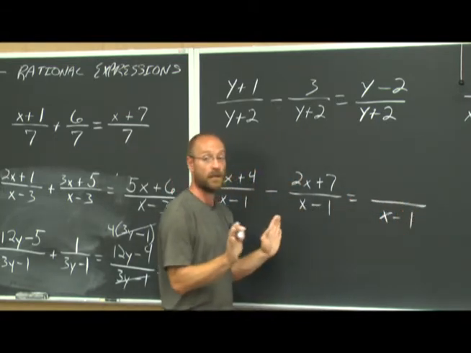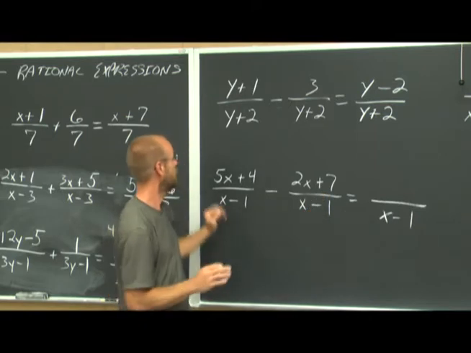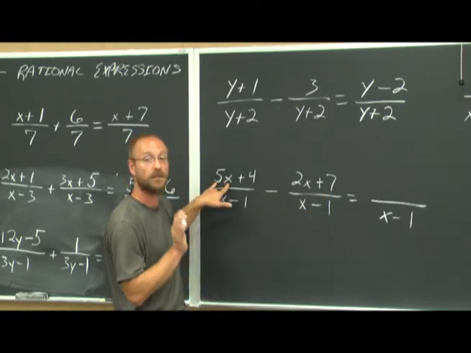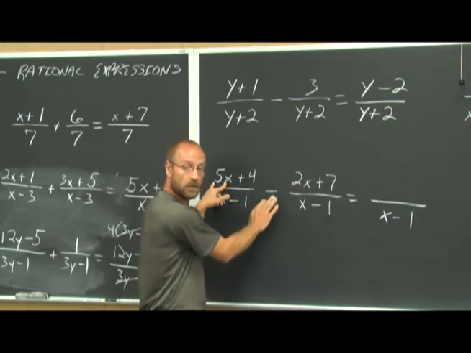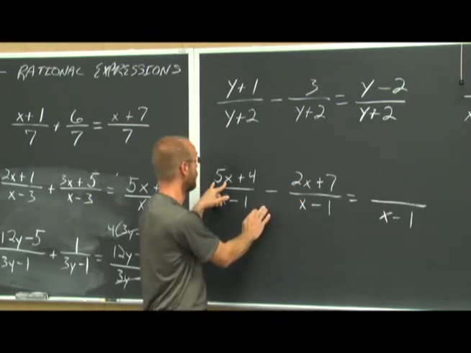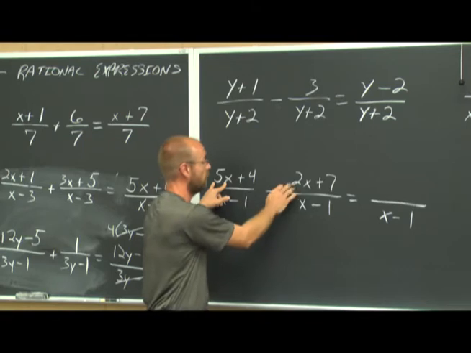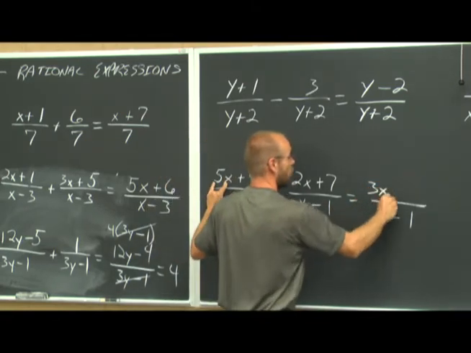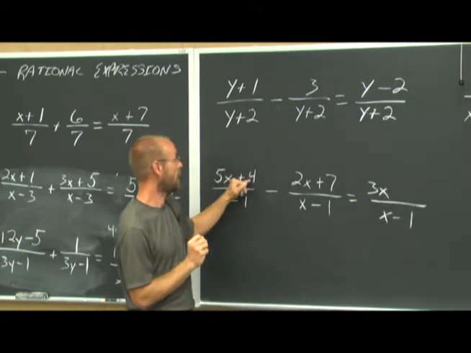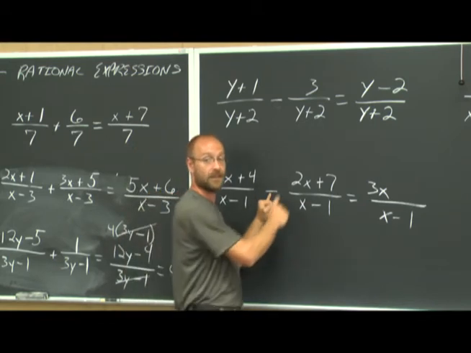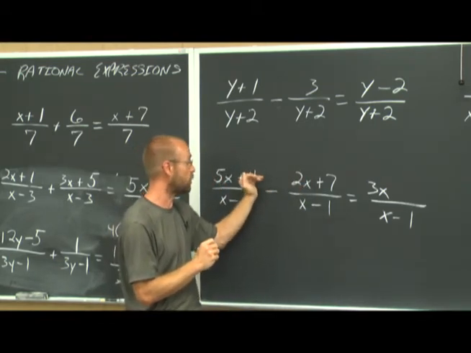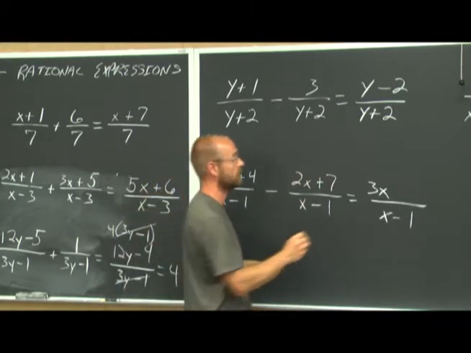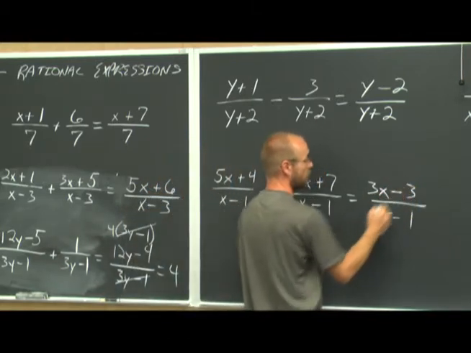So I don't have to change that. It is what it is. Now here I can just take it. Let's deal with the x's. 5x's minus 2x's. Make sure you keep track of that negative. 5x's minus 2x's would be 3x's. Then I have 4 minus a positive 7. Well, 4 minus a positive 7 is the same as 4 minus 7. 4 minus 7 is negative 3.